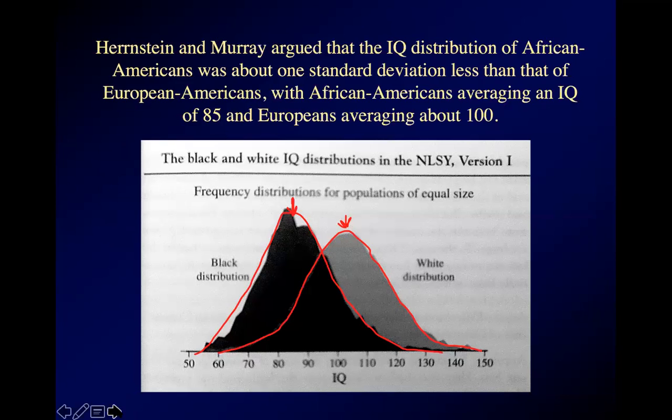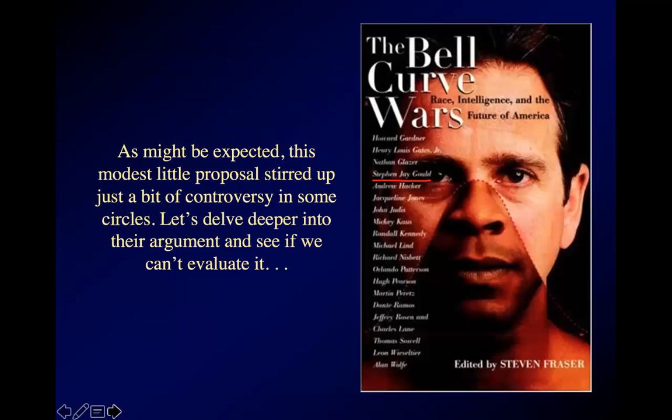And I think I can demonstrate this, but it might be Friday before I can deliver what I hope is going to be a knockout blow. So let's delve deeper into this argument and see if we can't reevaluate this a bit. Eventually, I'm going to come back to the bell curve.